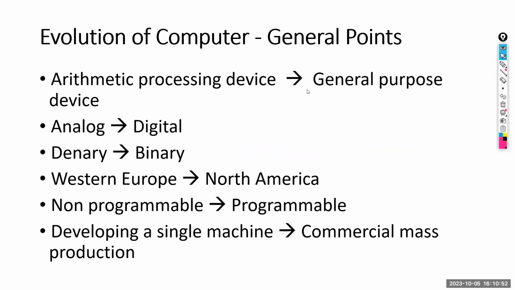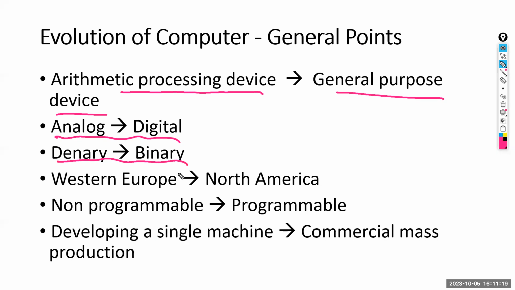While you learn this, remember we have a purpose. Our purpose is not just memorizing this person and that person, so that is a waste of your time. We want to understand how these arithmetic processing devices gradually became general purpose devices, because our modern computer is a general device. How the computer moved from analog to digital, and from denary to binary.